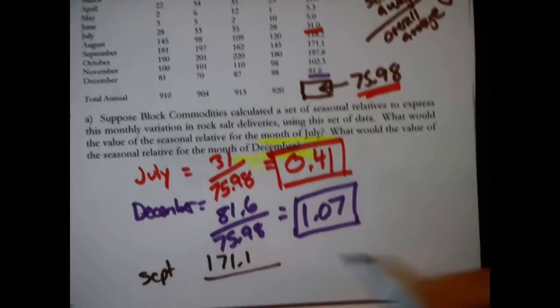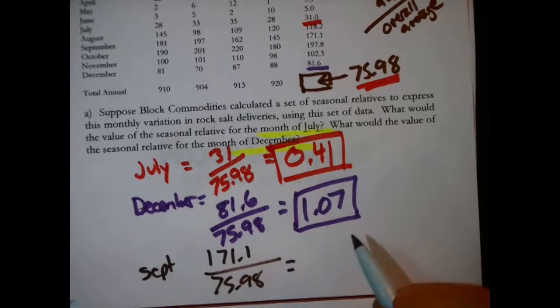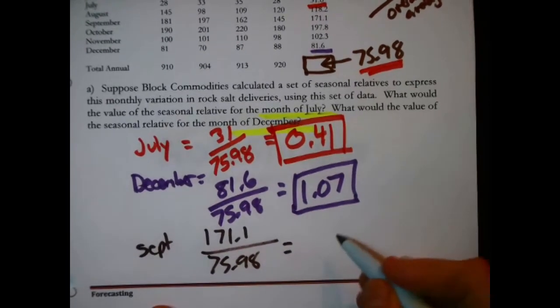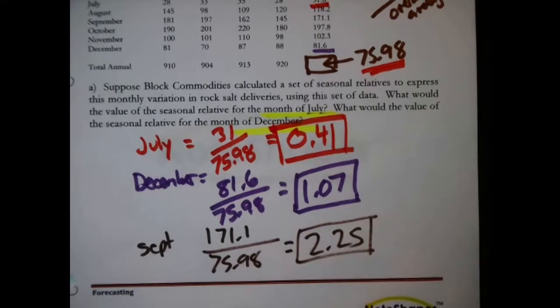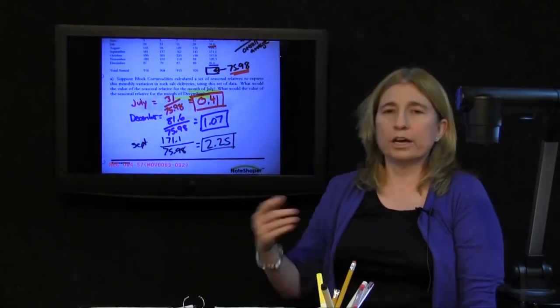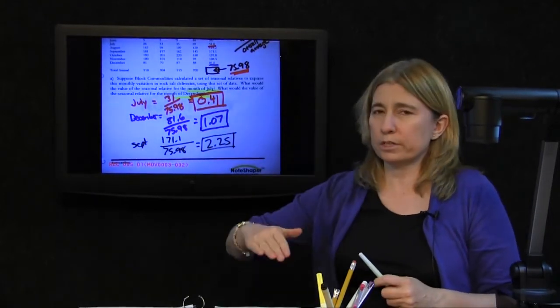The actual average was 171.1, and 75.98 is the average of the averages. So that's why there's that 2.25 for September in the back of the book. And we could do this for January and February and March and April and May, and come up with the complete set.